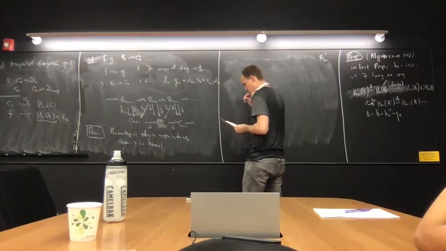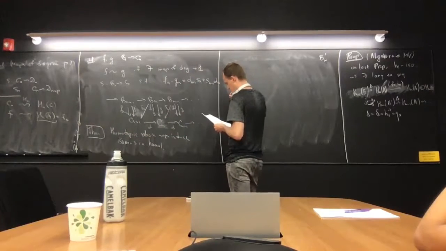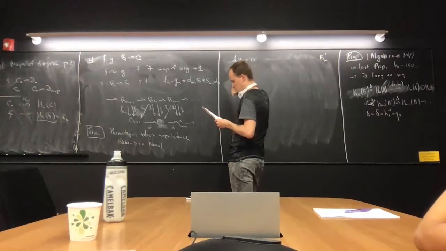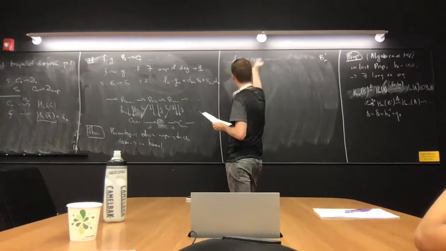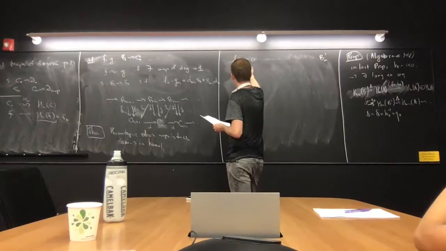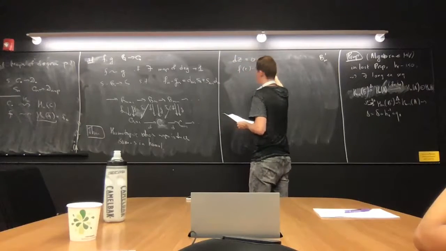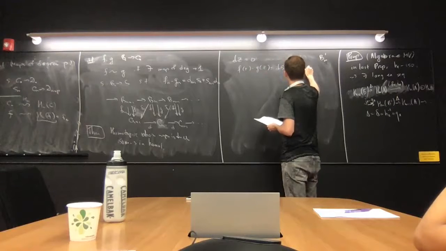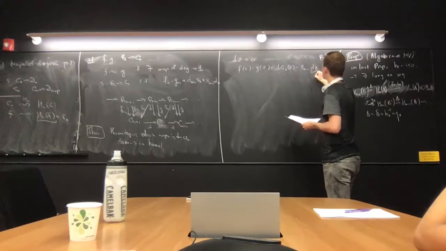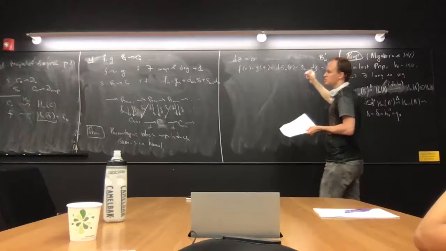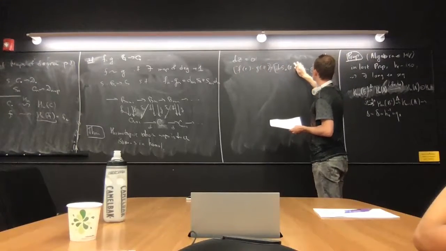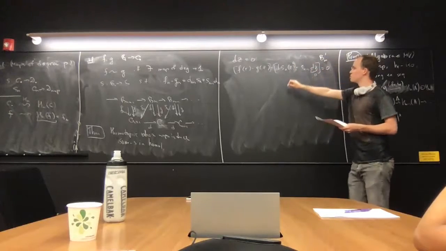Let's say Z is a cycle. dz is 0, and so f of z minus g of z is going to be equal to d Sn of z plus S n minus 1 dz, but this is 0. So if I take the class in homology of all of this, this is 0 because this is exact.